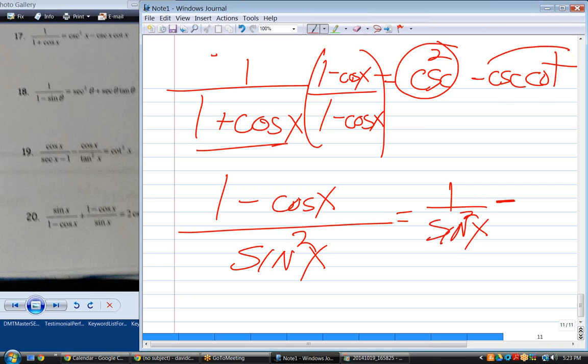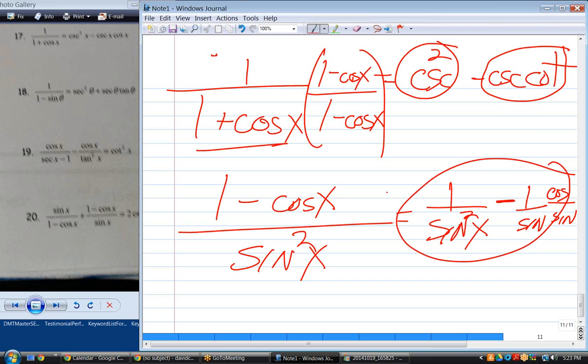And then if we just use the quotient identity for cotangent and the reciprocal for cosecant, what does the top become? It's 1 over sine, that's the cosecant. Cotangent is cosine over sine. See where we're going with this? So then that turns into minus cosine over sine squared. Yeah, turns into the same thing.